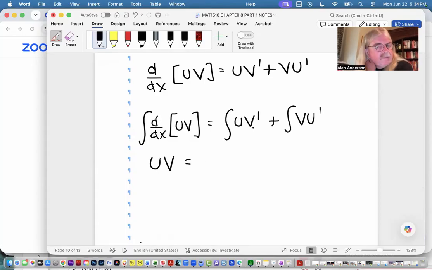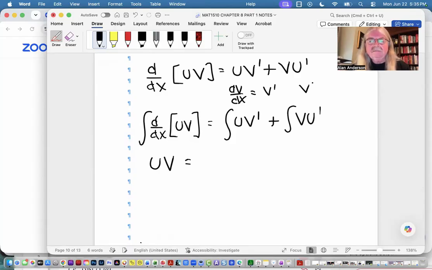Now here we've got to make a substitution because you can think of dv dx as v prime. That means that v prime dx equals dv.